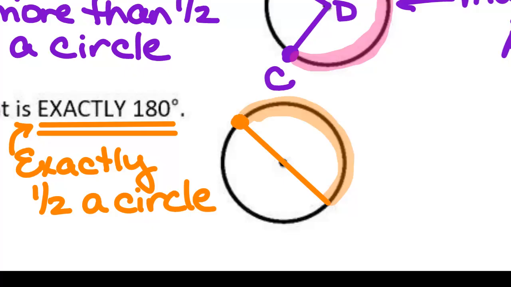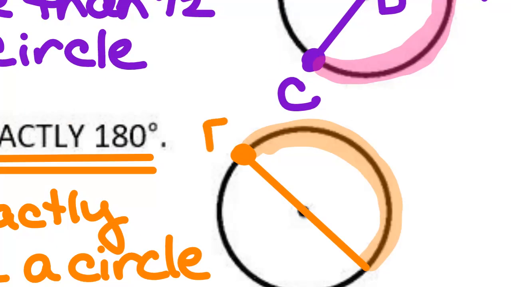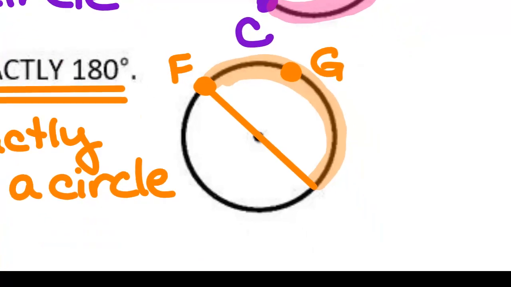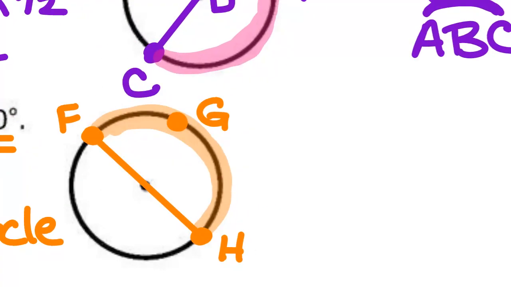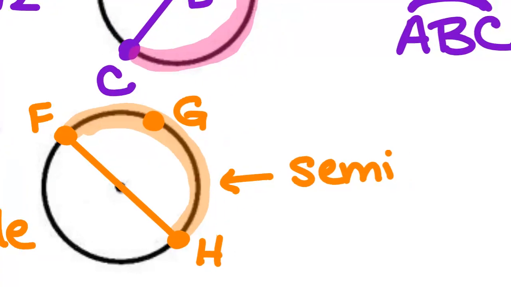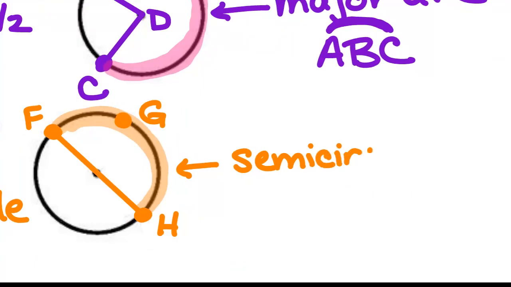I'm going to go ahead and name this F. I'm going to call this G. We're going to call this H. So this is a semicircle, arc FGH.